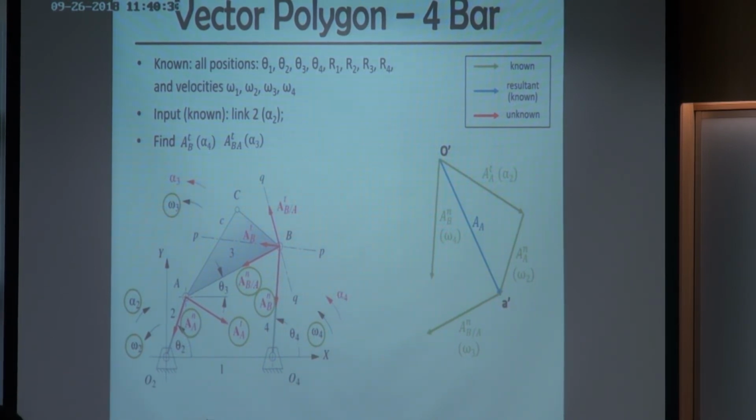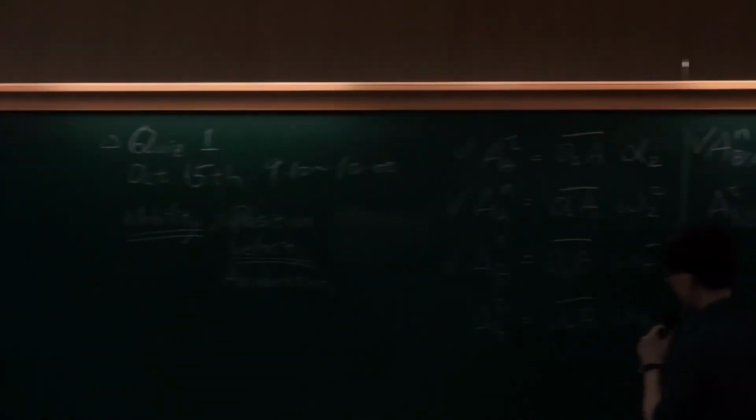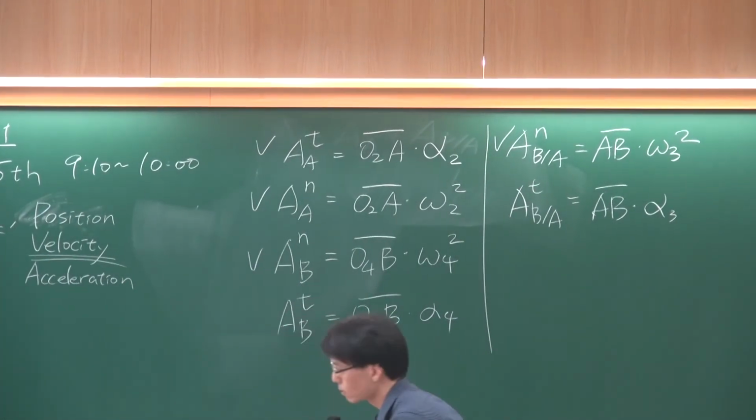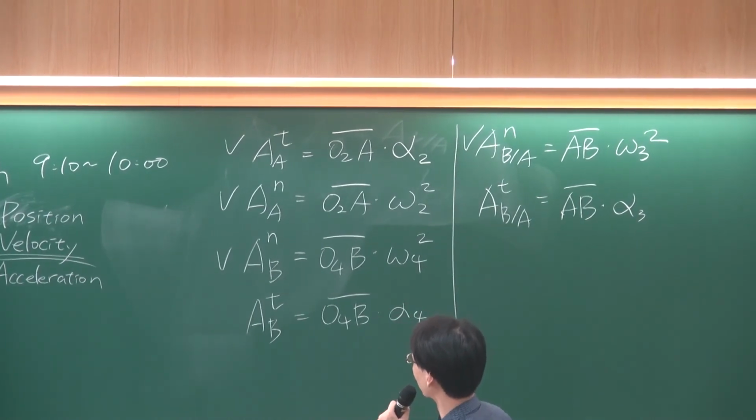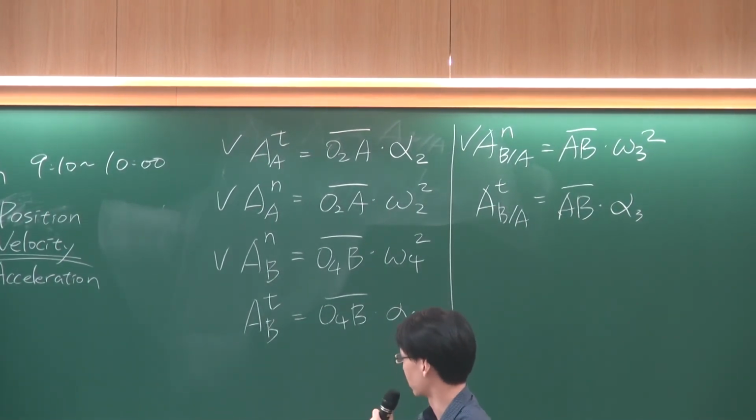Okay, so next step. We already finished this one, this one, this one, this one. So we still have two unknowns. We still have AB and ABA.